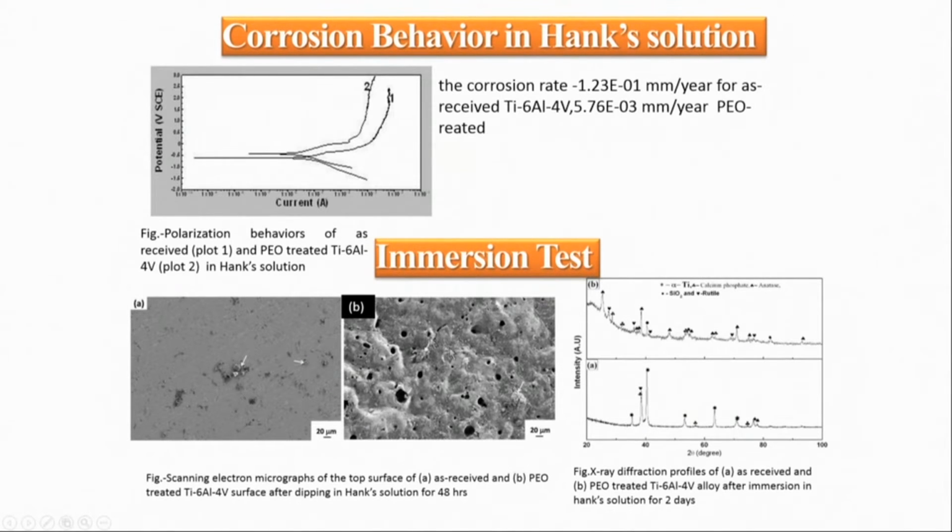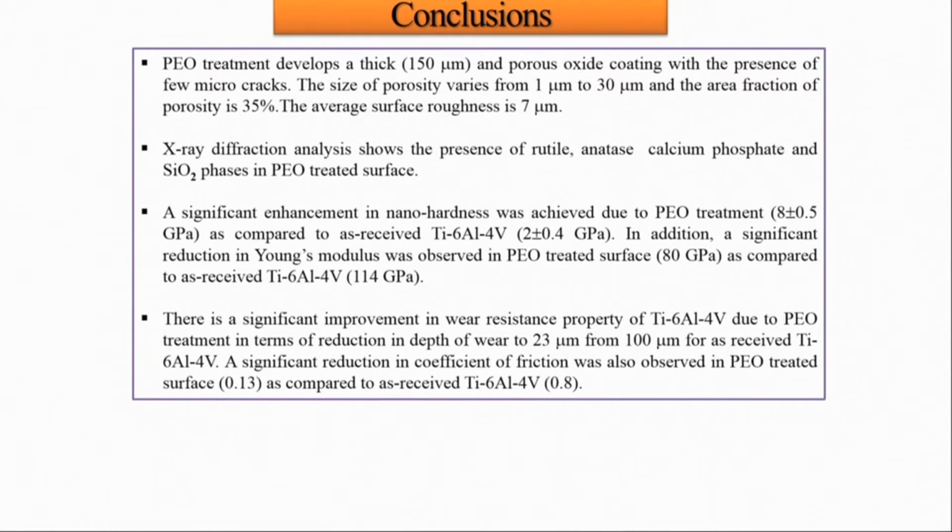So, this again needs further investigation to conclude on the bone formation behavior of this PEO treated surface layer as compared to the as received substrate. But as wettability is increased, naturally you can say that cell adherence will be more on the oxide layer.